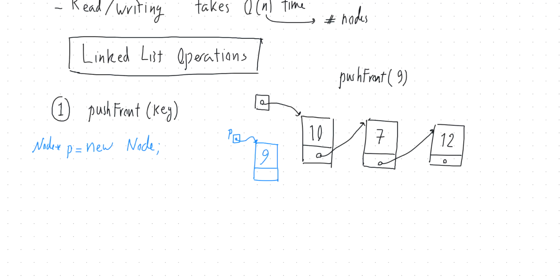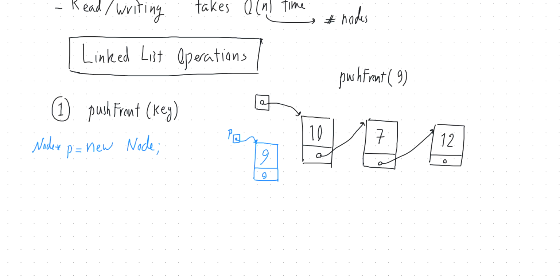Now what's left is connecting this to the rest of the linked list. First of all, if you think about it, this pointer here should point to what used to be the first node, which will be the second node after the push is complete. So the question is, where can we find the address of this node?